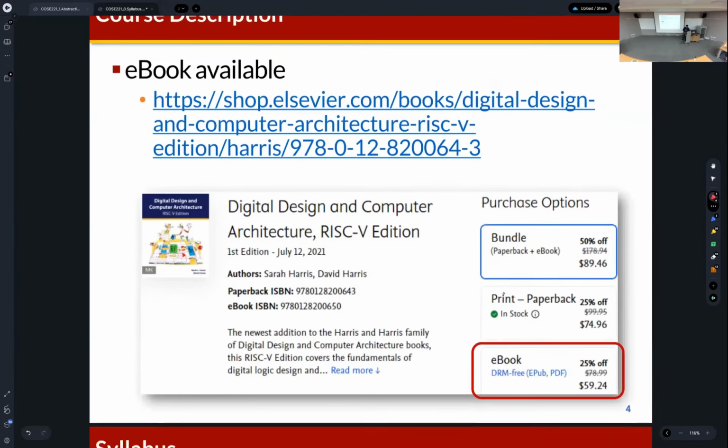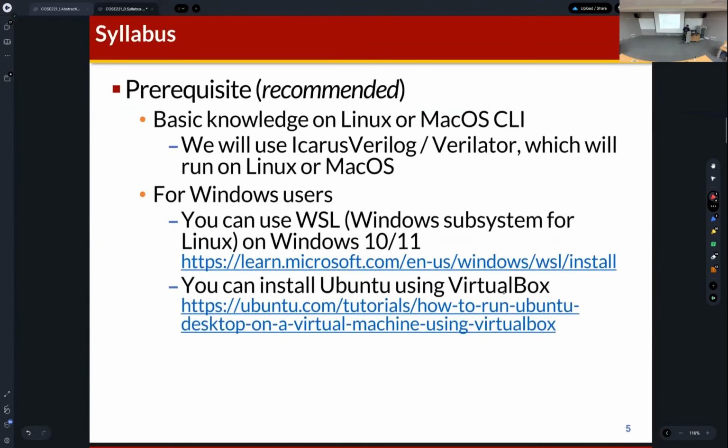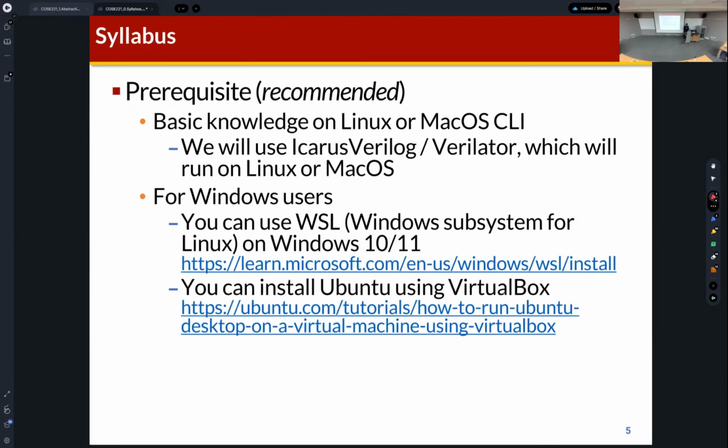Much cheaper than the physical edition. And then for TJ, as I mentioned, we will use EDA tools, and most EDA tools run on the Linux operating system. But fortunately, you can use Mac OS.